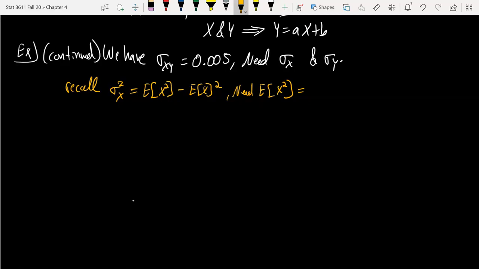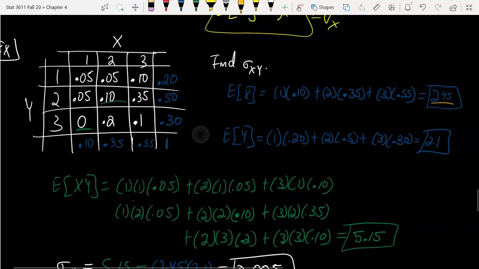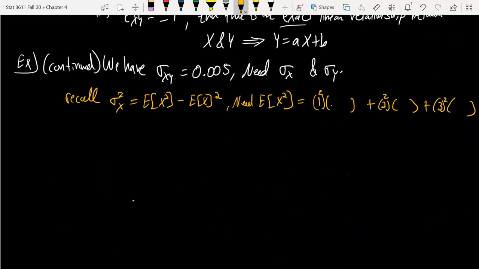The expected value of x squared is equal to, let's see here. Remember, x can take on the values 1, 2, and 3, but this should be x squared. So 1 squared, 2 squared, and 3 squared. And what are the probabilities it takes on those values? I have to go back to my table here. X takes on the value 1 with probability 0.10, 2 with 0.35, and 3 with 0.55.